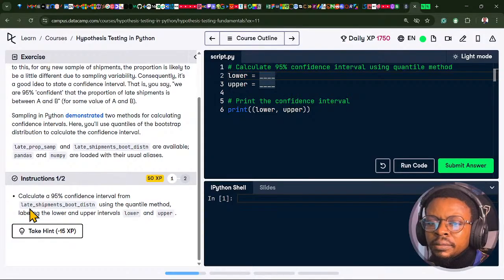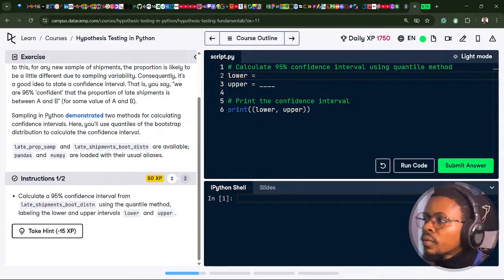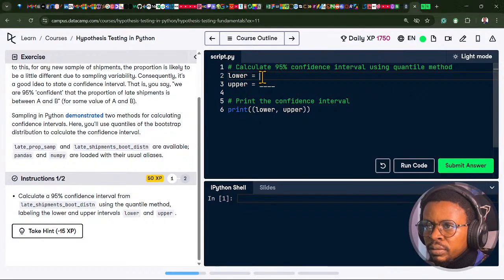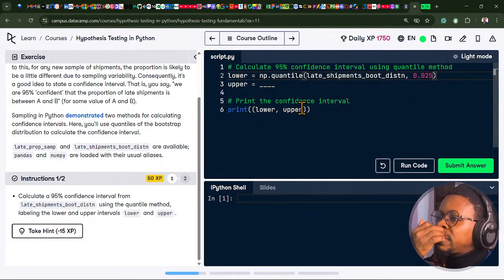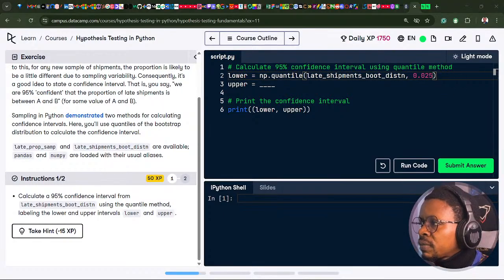For the lower bound, that should be 0.025, which is 2.5%. I'm going to use the quantile method: np.quantile of the bootstrap distribution at 0.025.